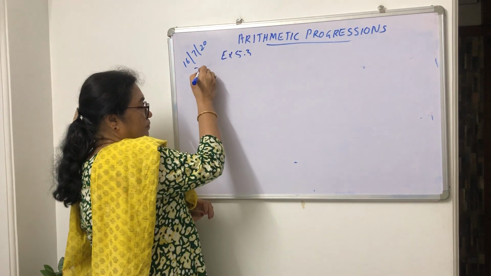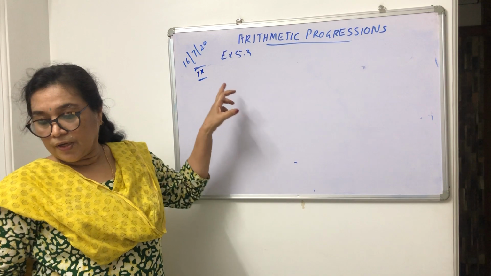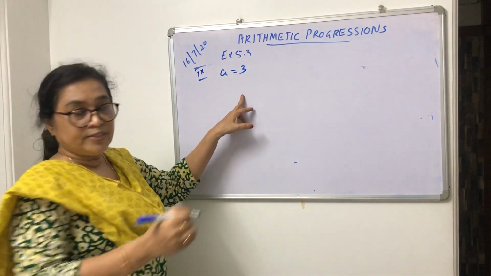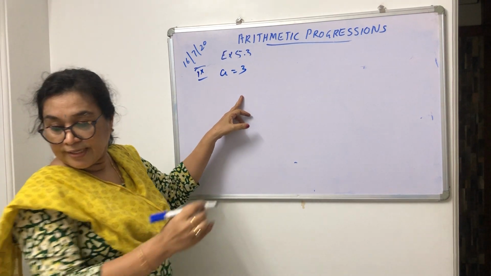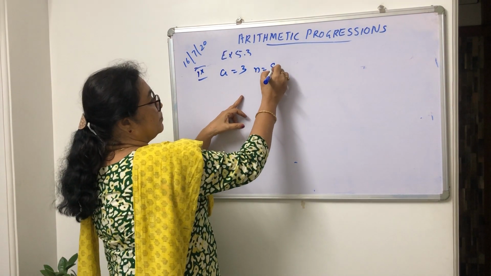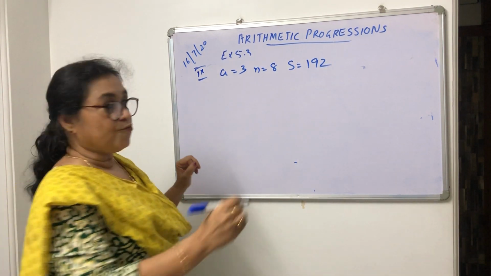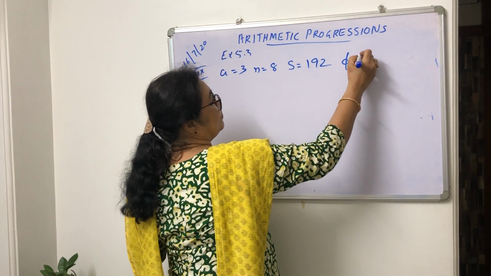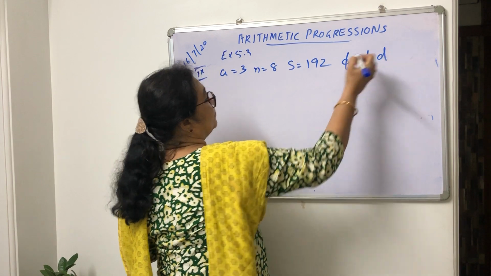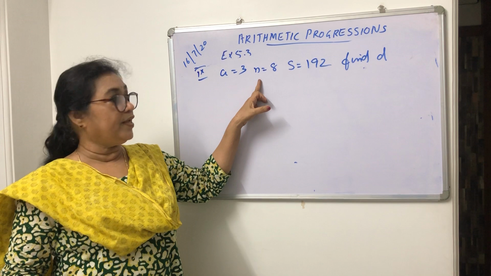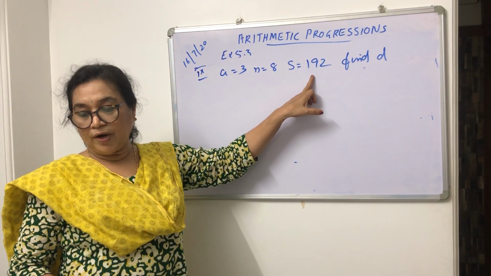Now ninth one, A is equal to 3, N is equal to 8, S is equal to 192 and find D. A is equal to 3, N is equal to 8 and S is equal to 192.